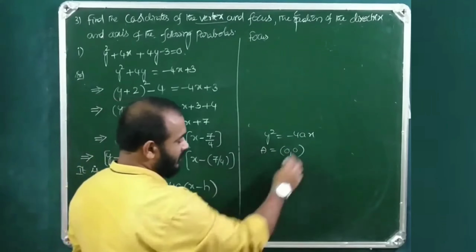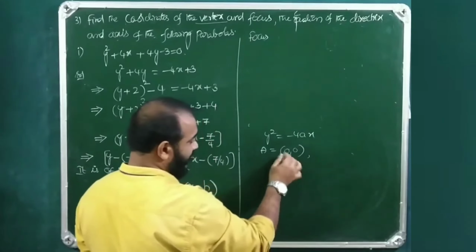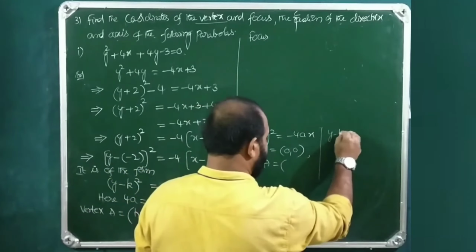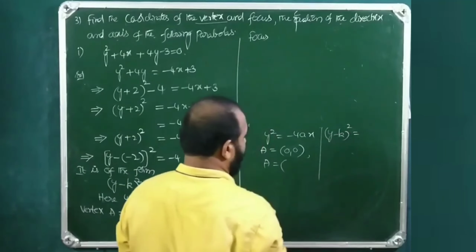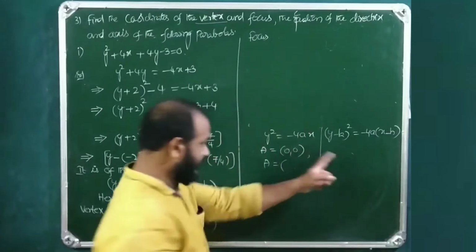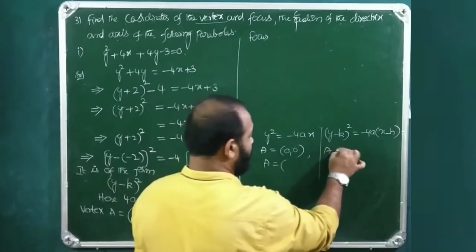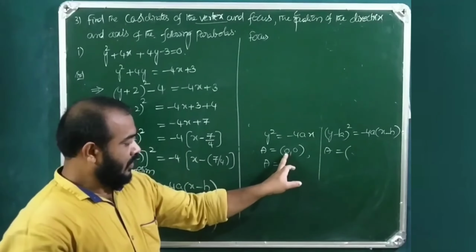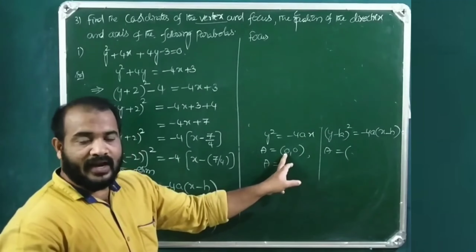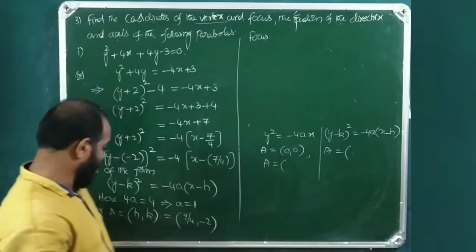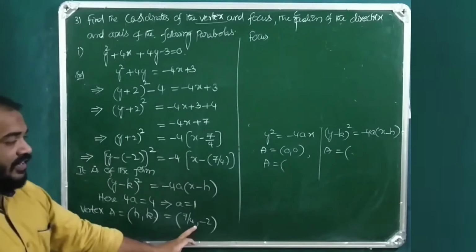But for y minus k whole square equals to minus 4a into x minus h, the vertex A is equals to, for 0, 0, x coordinate is to be added h and y coordinate is to be added k. So h comma k, that is what we have written here.